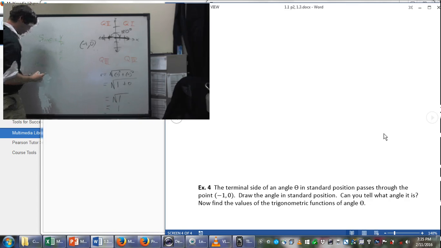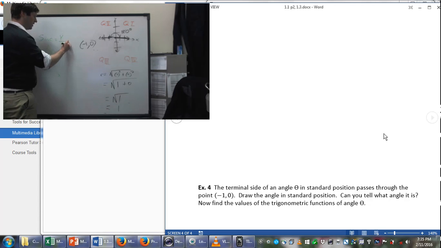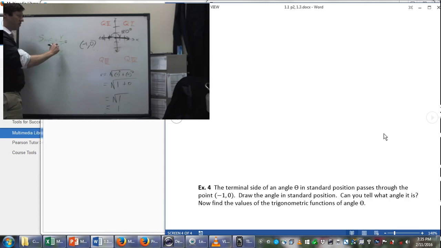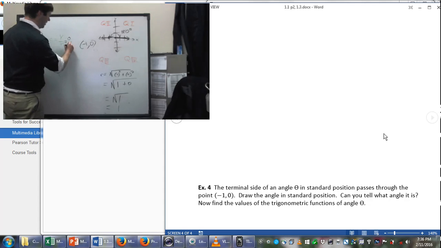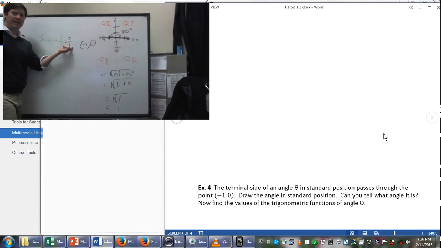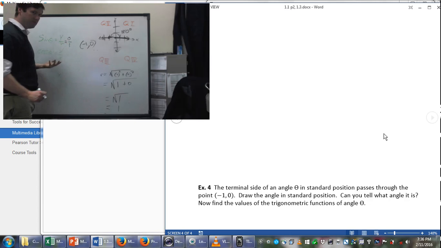Where is the point -1, 0? My x value is -1. My y value is 0. Stop the video real fast or pause it and see if you can do these things. Draw this angle in standard position, and then do you know what angle that is? So do it seriously. I'll wait.